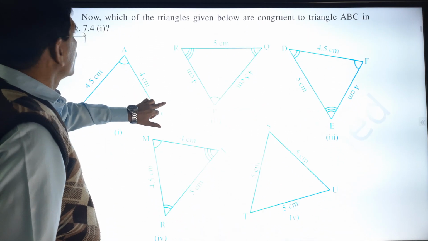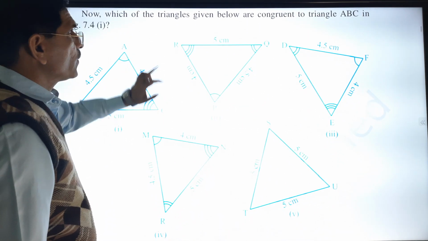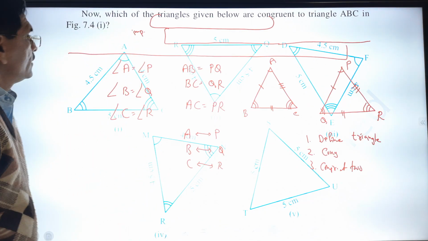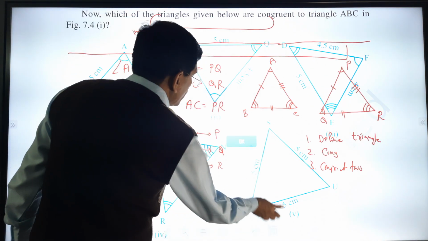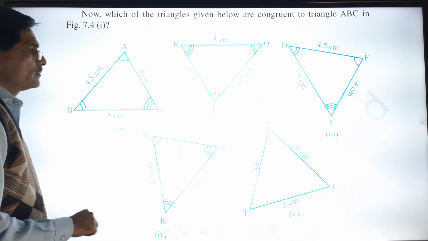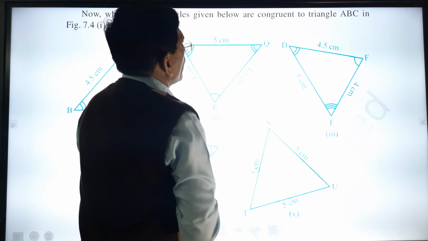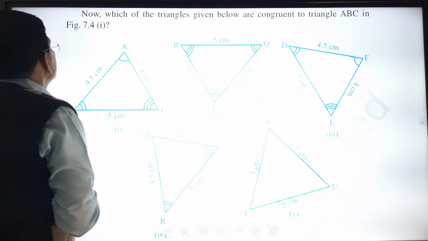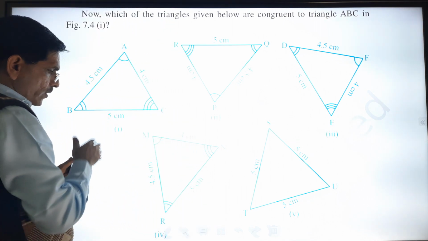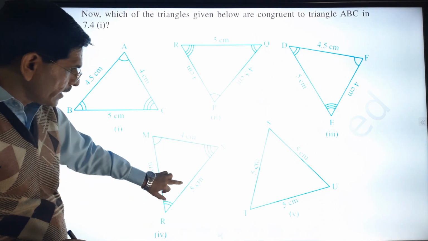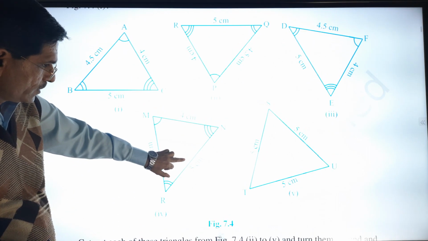Now you have to identify which are congruent to it. Identify which of the following triangles given below are congruent to triangle ABC. That is exercise 7, figure 7.4.